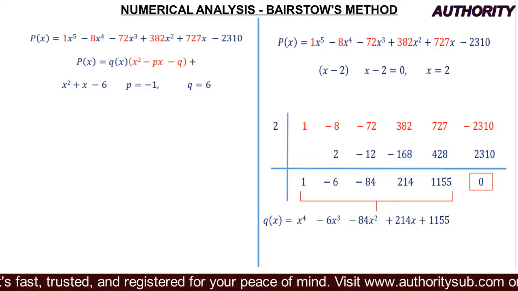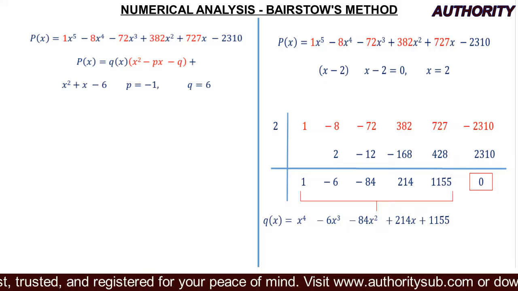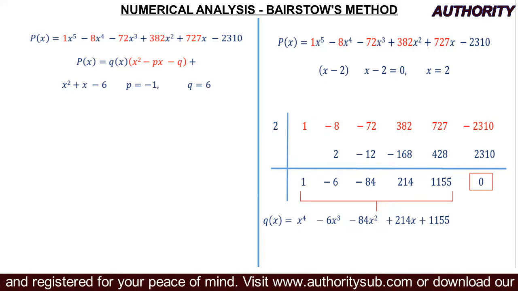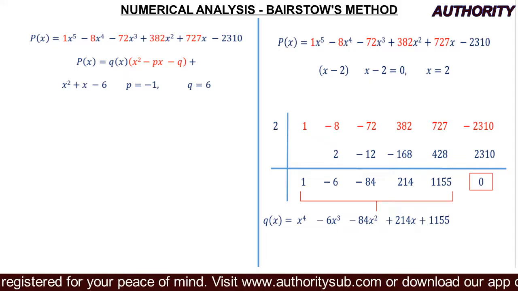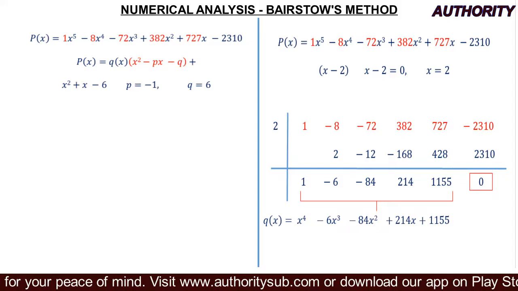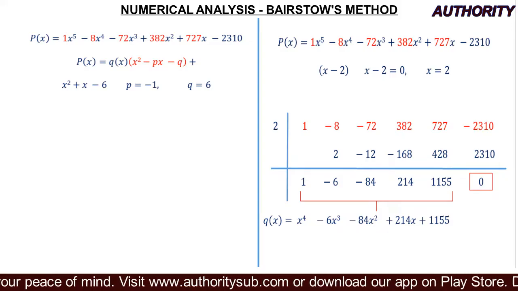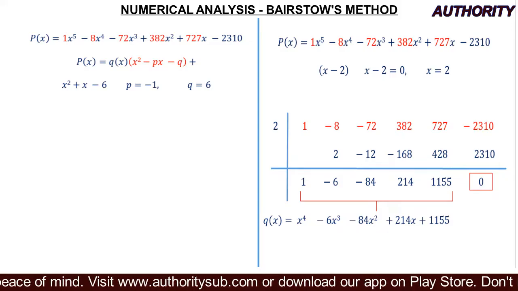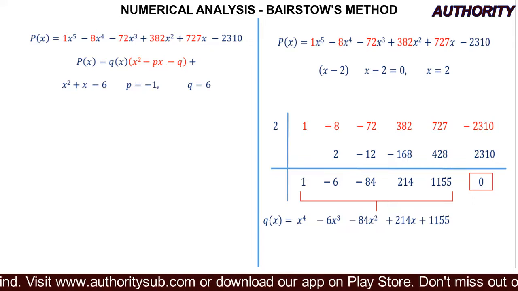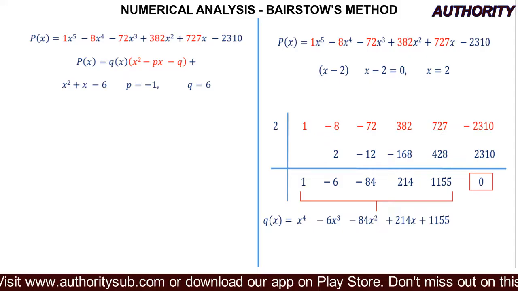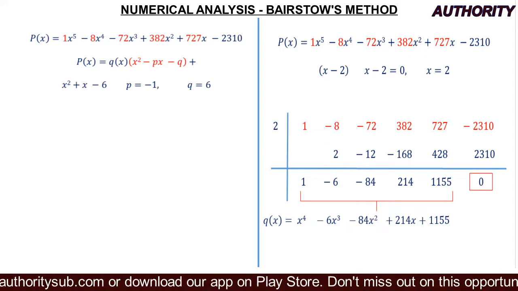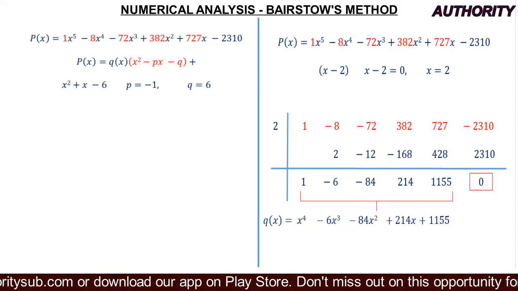Okay, now here we have our p to be what? Minus 1, and we have our q to be what? 6. Look at this. We said something earlier. We said that this p of x can be written as p of x is equal to q of x multiplied by a quadratic polynomial. We said that p of x can be written as a product of 2 polynomials, of which one of them is quadratic.